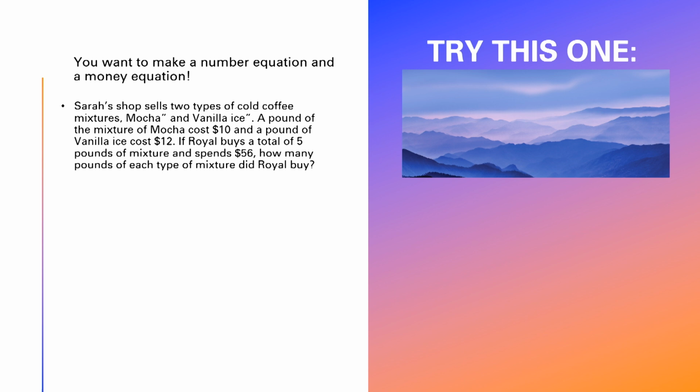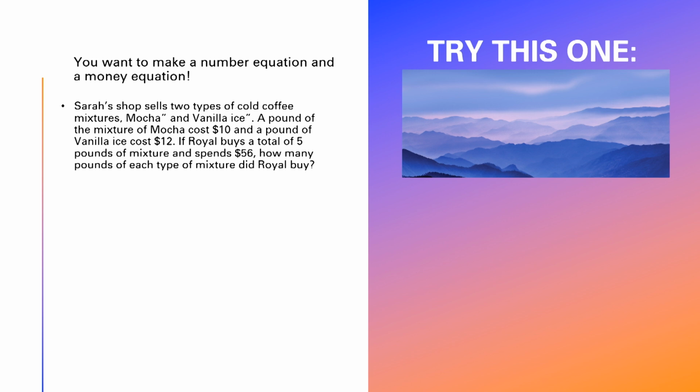So let's take that information and look at Sarah's problem. Sarah's shop sells 2 types of cold coffee mixture, mocha and vanilla ice. A pound of mixture of mocha costs $10 and a pound of vanilla ice costs $12. If Royal buys a total of 5 pounds of mixtures and spends $56, how many pounds of each of the mixtures will Royal buy?